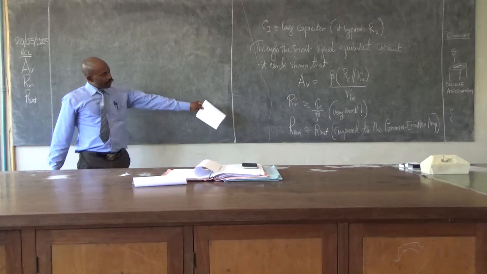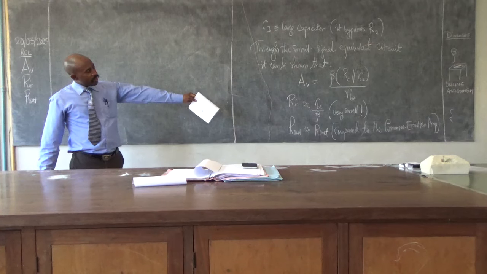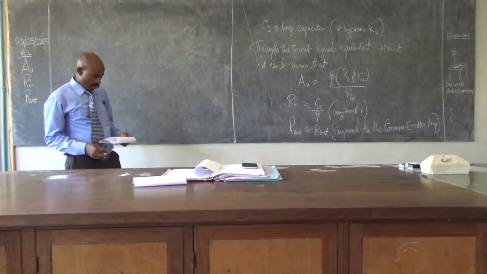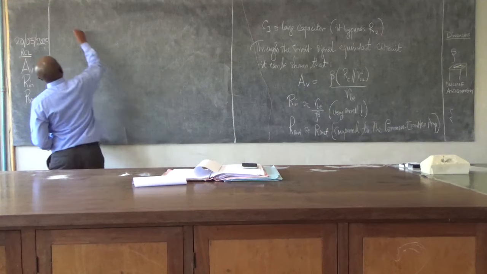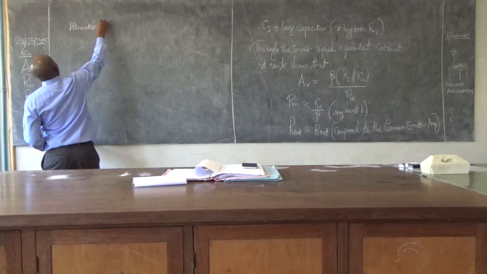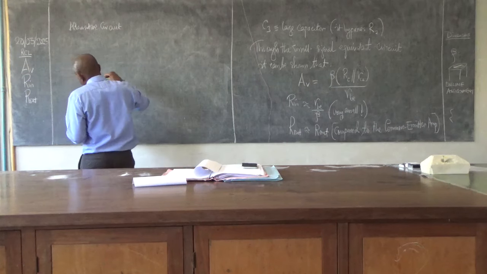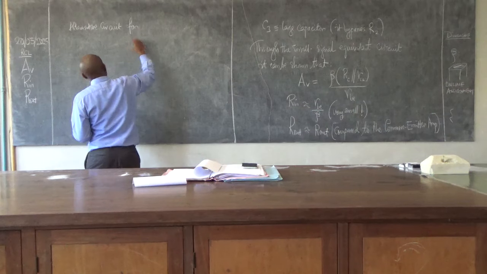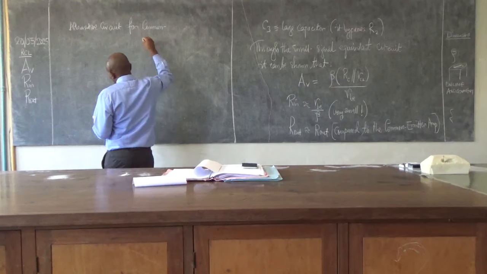The other way, if you compare with, for example, the simple example of the common emitter, then you will be able to get an alternative circuit of this amplifier. I'm going slowly to make sure that you don't get scared. So the alternative circuit of the common base amplifier.